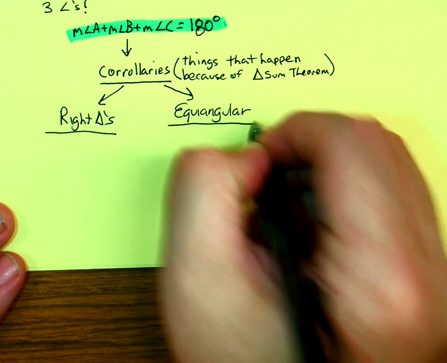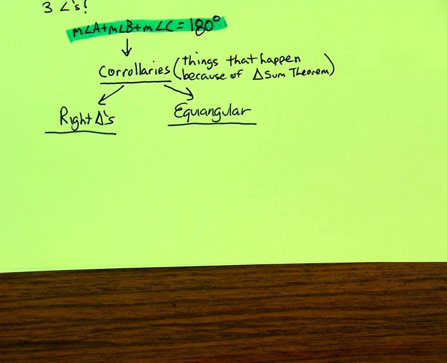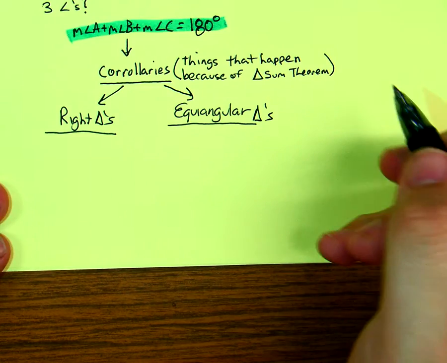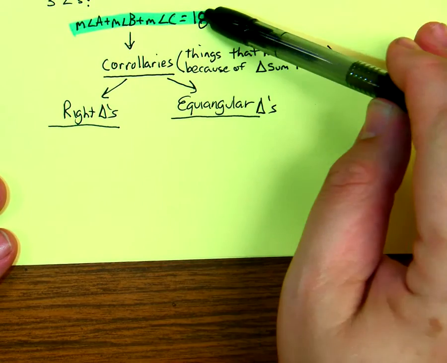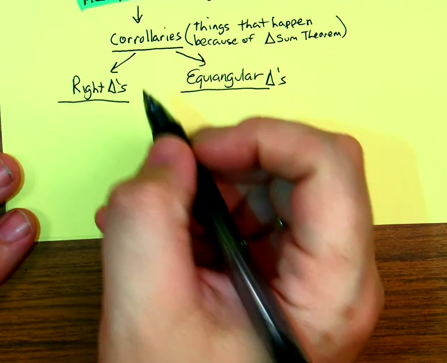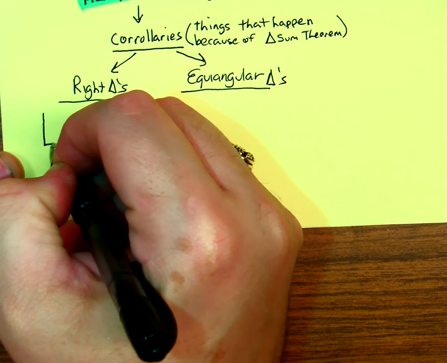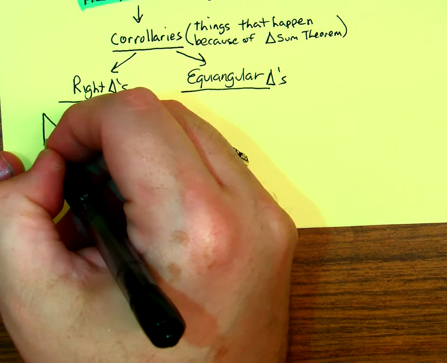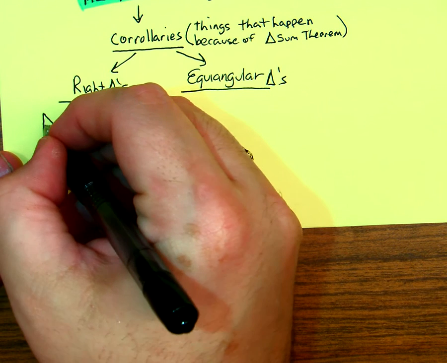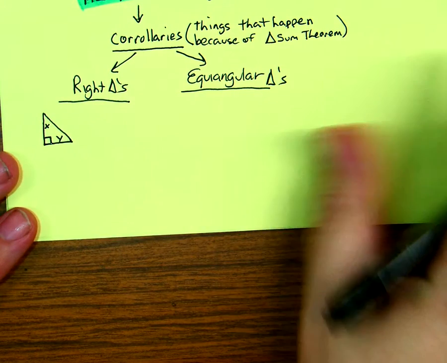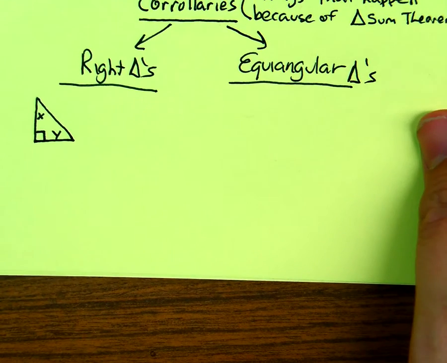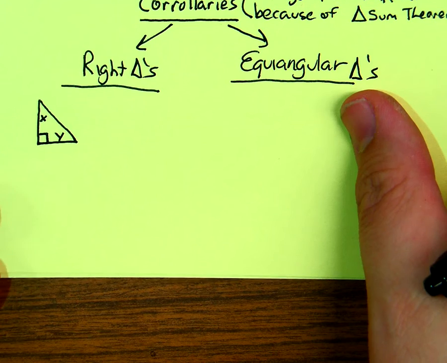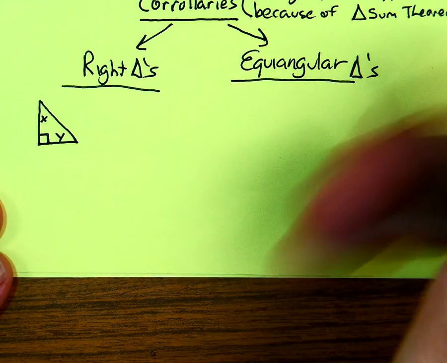All right. Now, for right triangles and for equiangular triangles. And these have to do with the fact that if you add up all the angles, you get 180 degrees. Now, for a right angle, if we have this, now if I add up all these angles, what do I get?